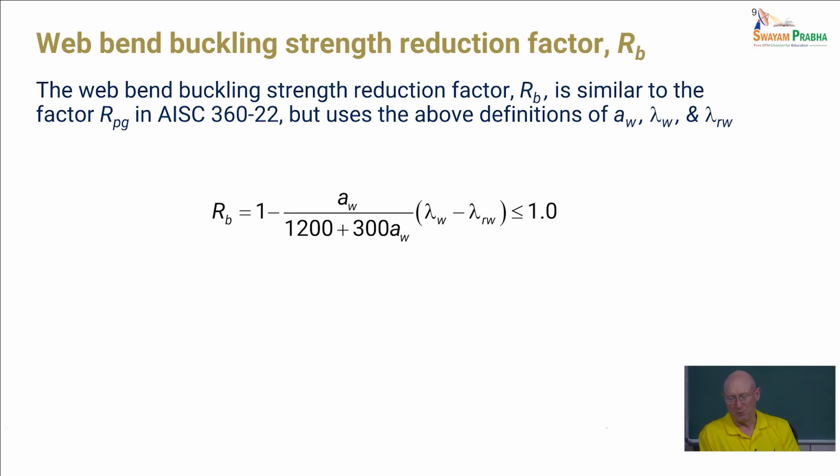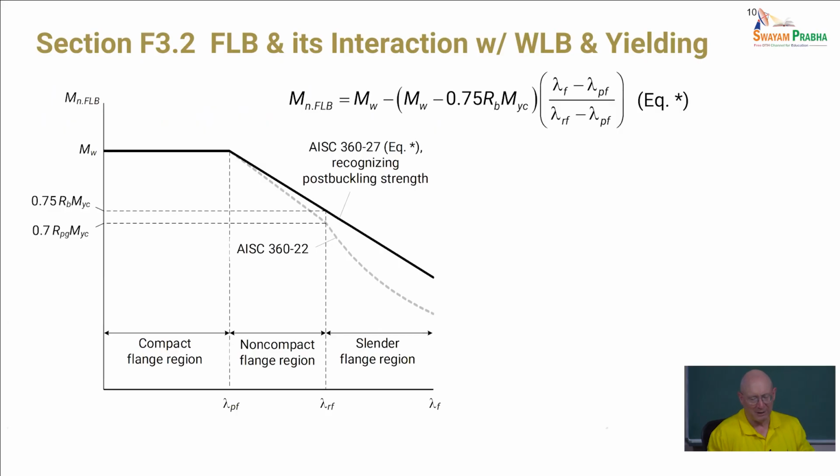The A sub W, the lambda W, and the lambda RW are keyed to the HCY, the depth of web in compression for the general case, whatever you have at the first yield of the compression flange. All right, so that's the plateau strength.